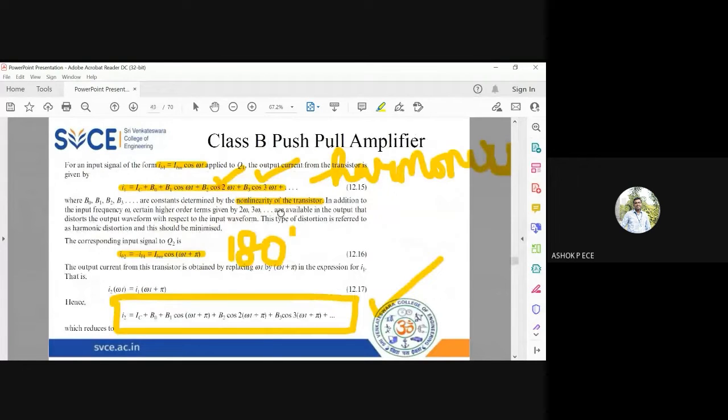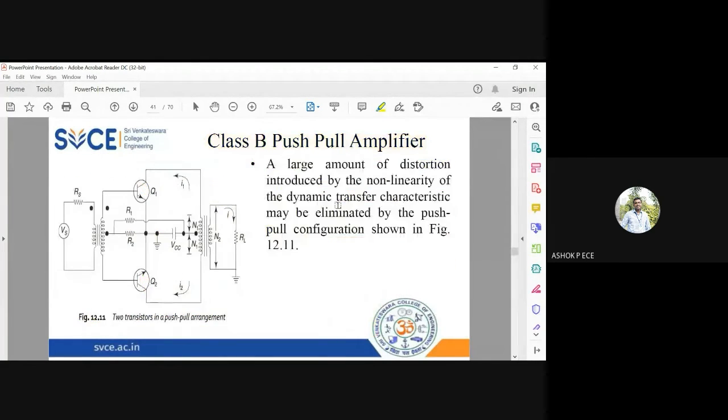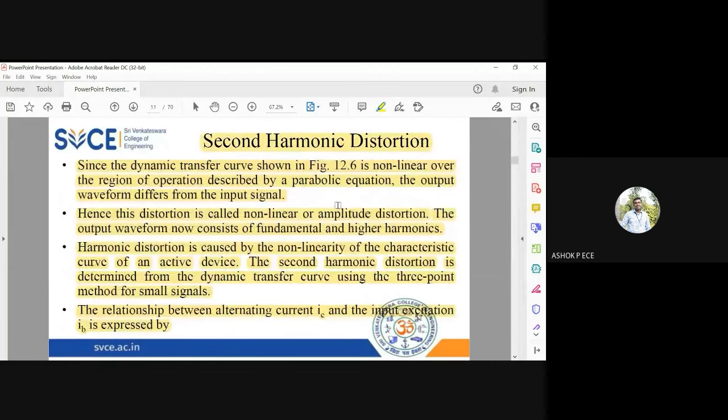Here we have only this cos 3 omega t. We don't have 2 omega t, 4 omega t, because all are cancelled. That happens only in class B, but conventionally in all transistors you will have second harmonic distortion onwards: second, third, fourth, fifth, like that it goes on.